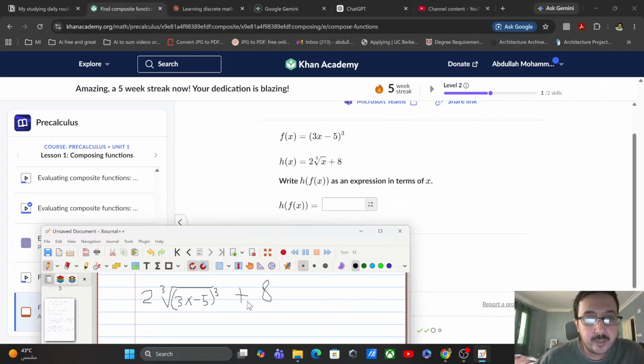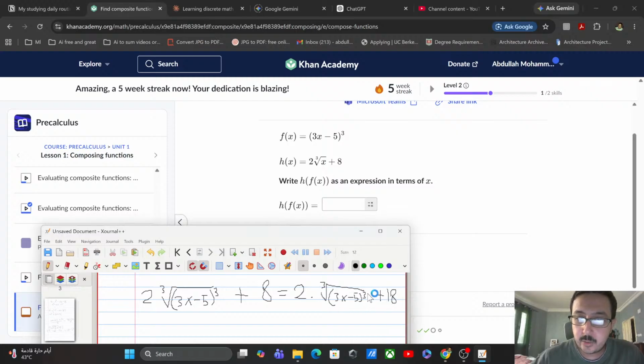This is outside there. So to make it make sense, we're going to say it's equal to 2 multiplied by the square root of 3x minus 5 to the power of 3 and all plus 8.